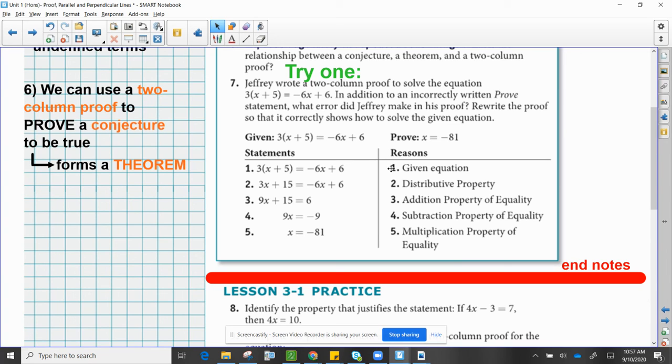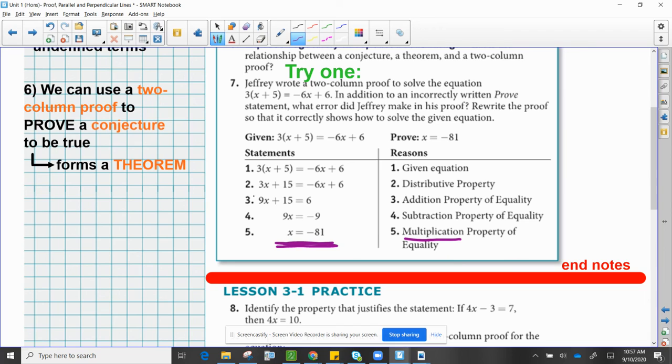Okay, so he starts with this given, which is good. And then it looks like he distributes, makes sense. He moves that 6x to the other side by adding it. That works. But where we have a problem is right here in our last step. Okay, when we went from 9x equal to negative 9, he said he used the multiplication property and got this answer, x equals negative 81.